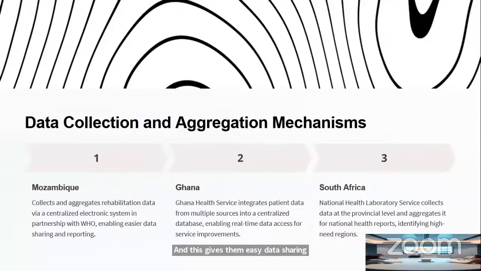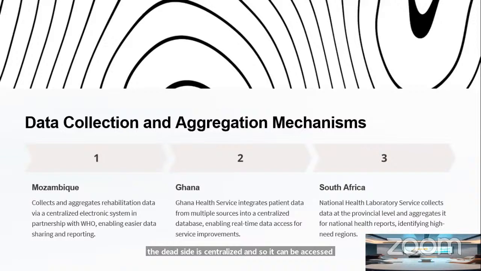Ghana too, their health services integrated the patient data from multiple sources into a centralized database. Their benefit is getting real-time data access for service improvement. That means the data is centralized and so it can be accessed easily from wherever one is.